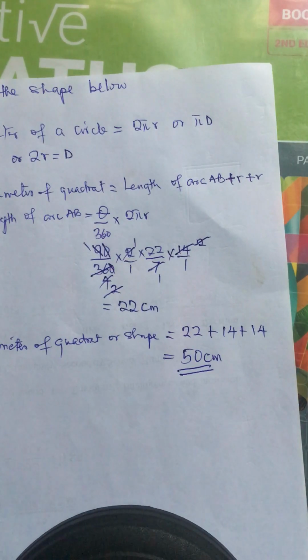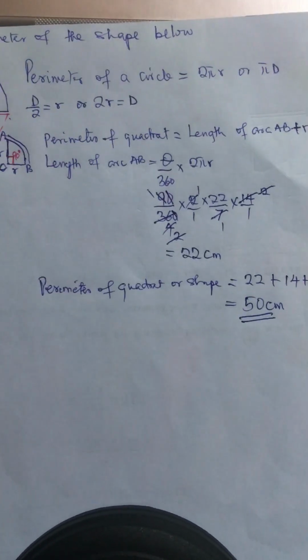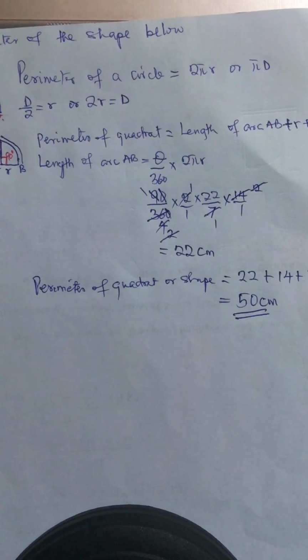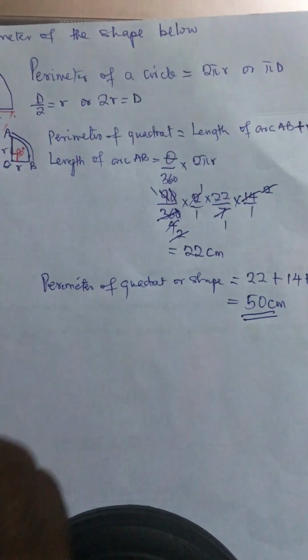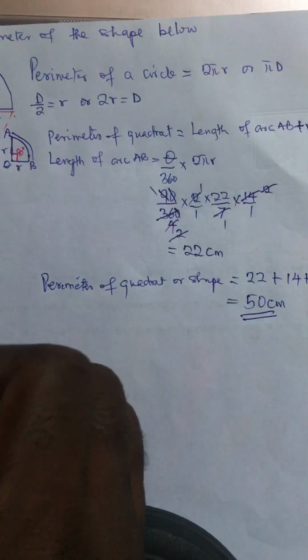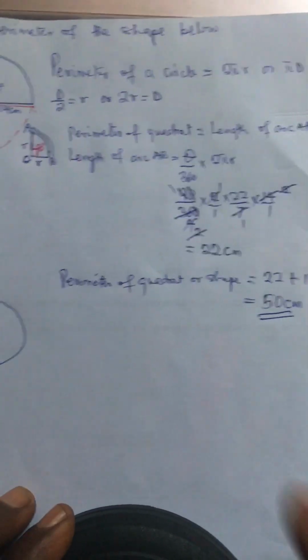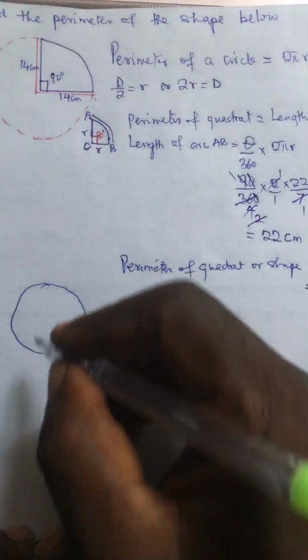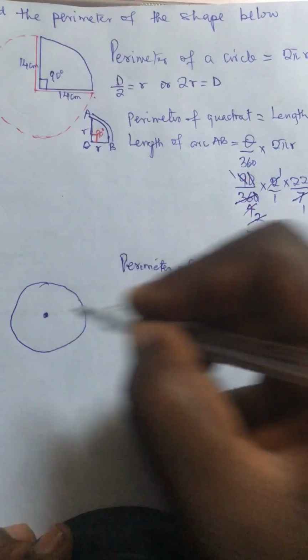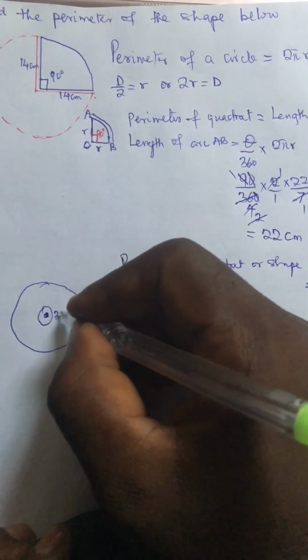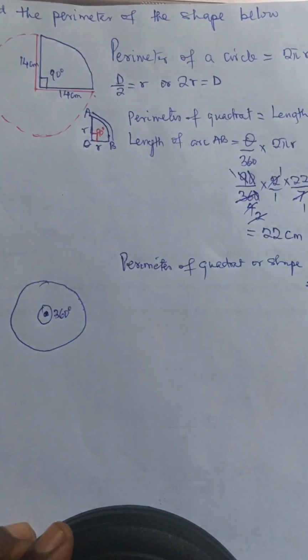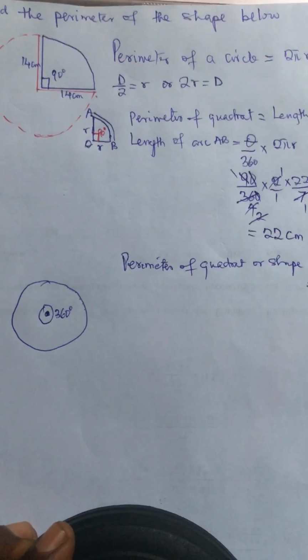The reason is that if I'm looking for the arc of a total circle, which is something like this, take this as my circle. Now, this is the center. In this case, the angle we are talking about here is 360 degrees. So my theta is 360 degrees.